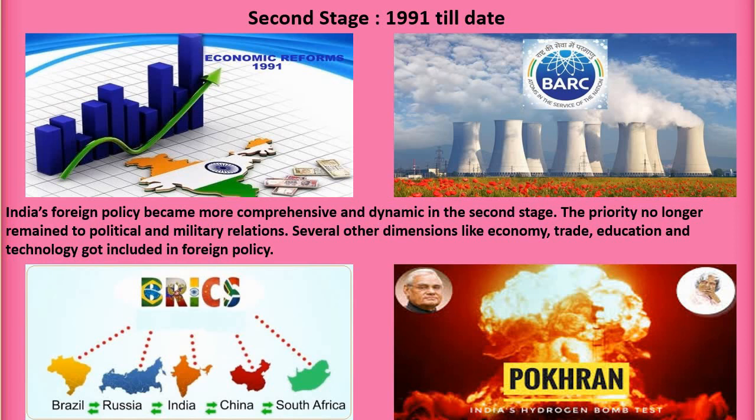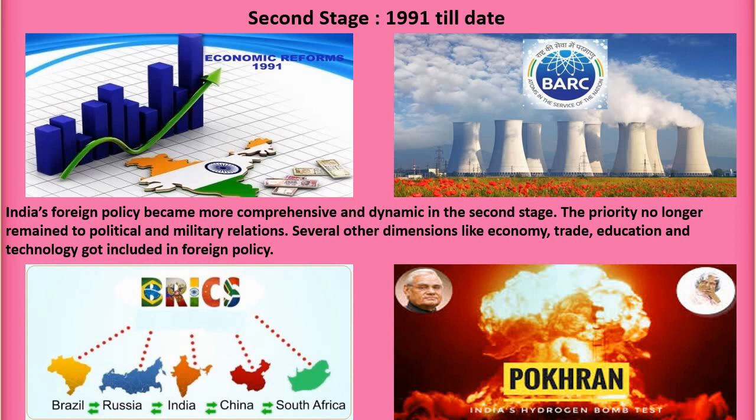Students, in the decade of 1990s, our relations with the South Asian countries like Singapore, Thailand, Vietnam became stronger. Our trade exchange with countries like Israel, Japan, China and European Union increased.